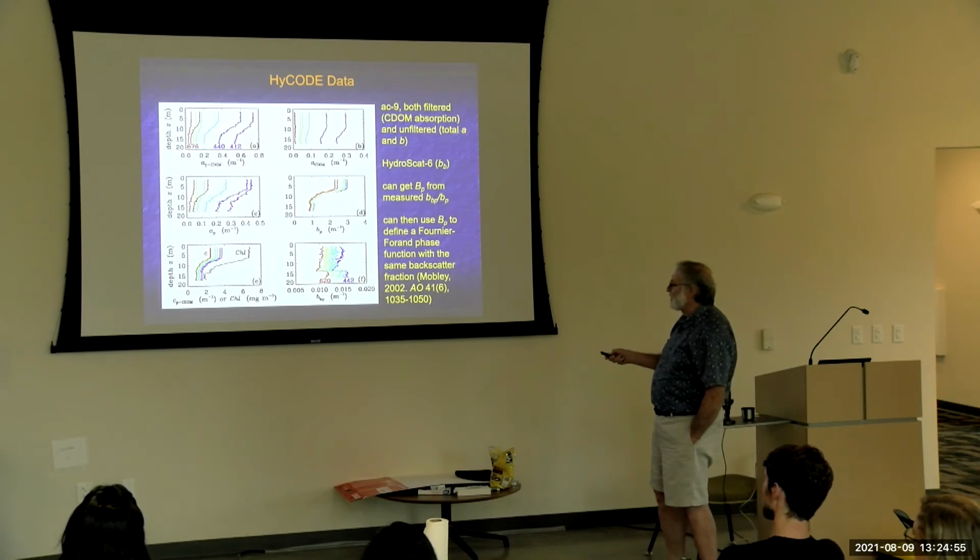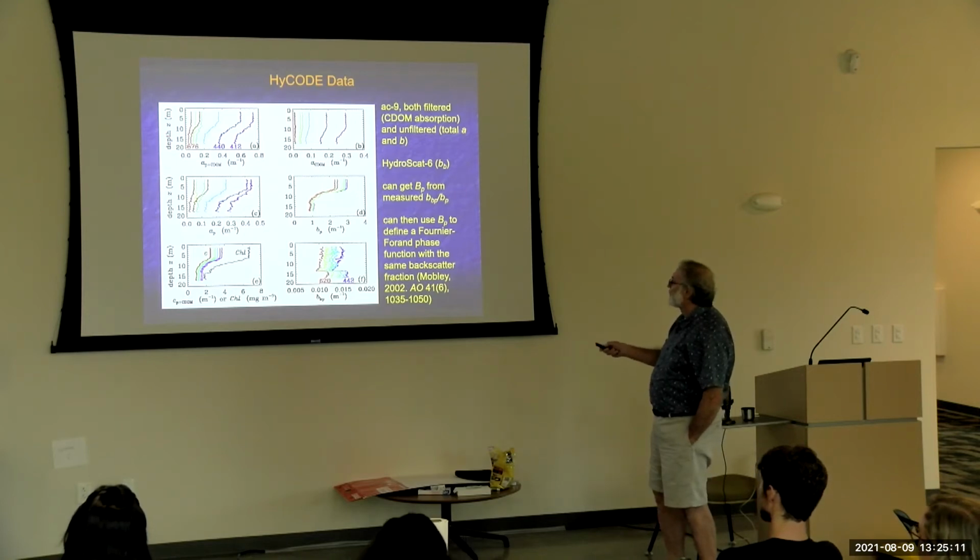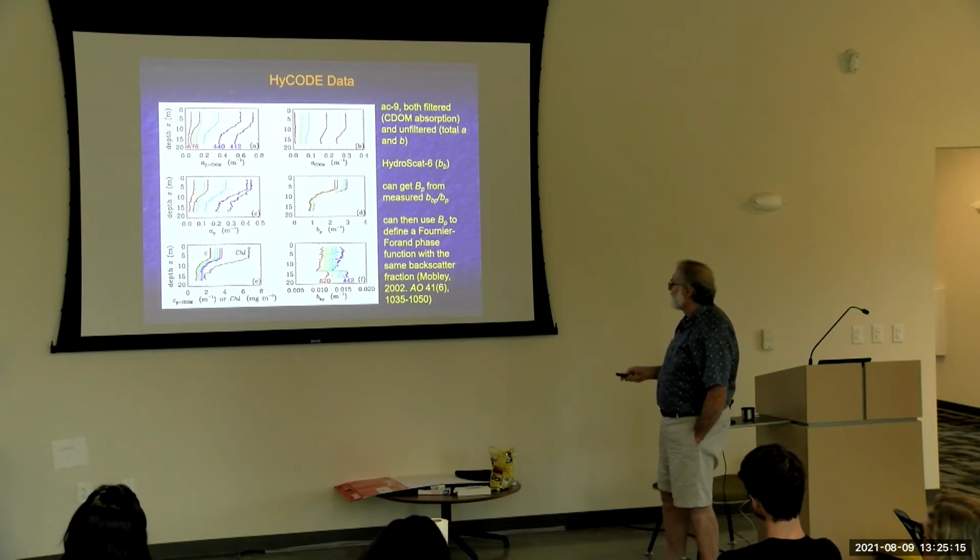So you can see up near the surface, there's a mixed layer about 7 meters deep, and it has a chlorophyll of about 6 to 7, and then that drops off to about 2 down below. So very nicely correlated with particulate absorption and scattering. Not quite as obvious with CDOM, but still it's there.